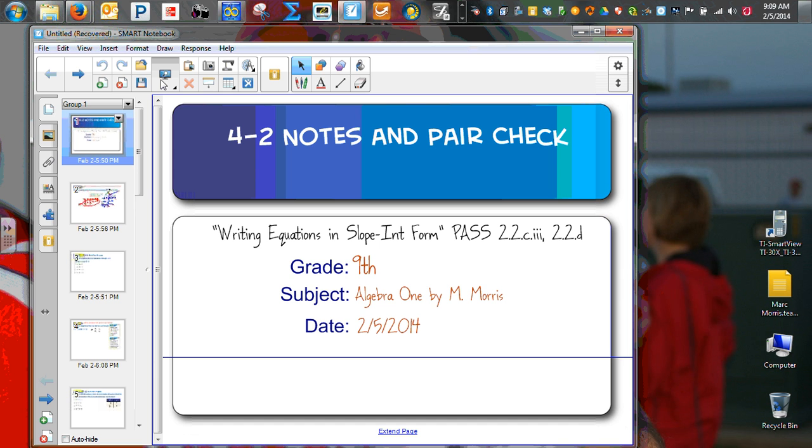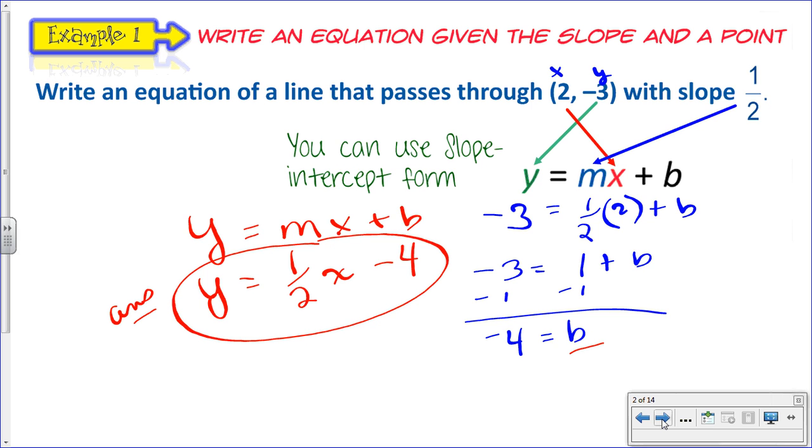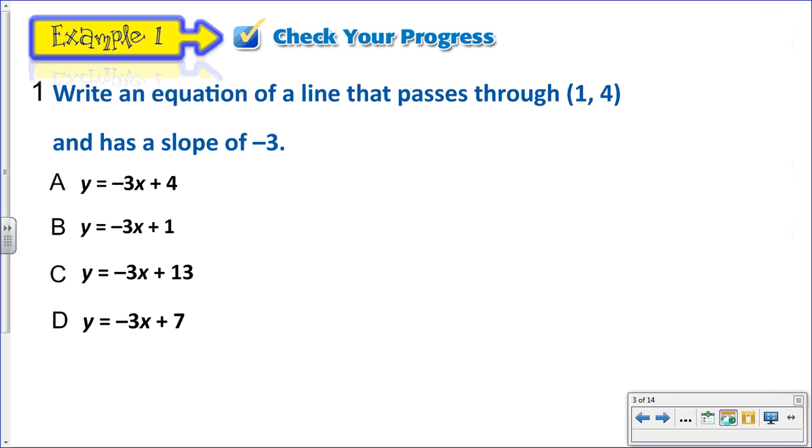Let's see if we can get it to load up properly. Okay, put your answers in your clickers. Hopefully it'll work out.